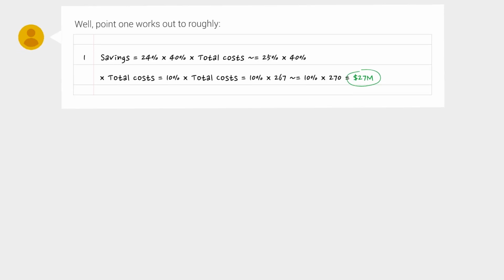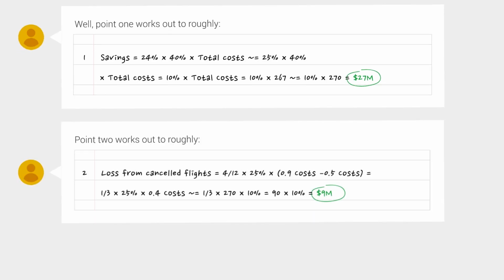Then moving on to point 2. Loss from canceled flight equals 4 over 12 times 25% times 0.9 of cost minus 0.5 of cost. This equals 1/3 times 25% times 0.4 of cost, which is approximately equal to 1/3 times 270 times 10%, which equals 90 times 10%, equating to $9 million.